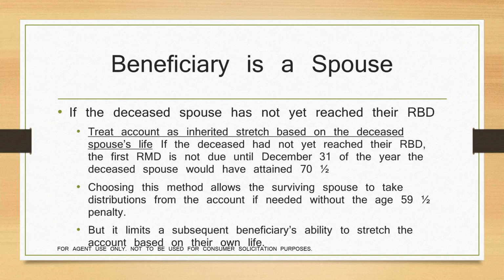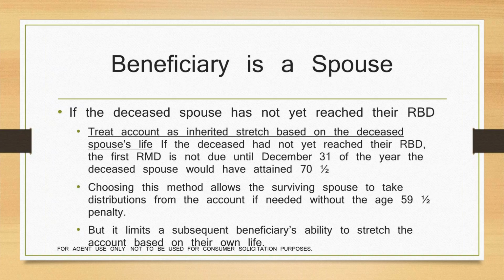If the account is treated as inherited, not as spousal continuation, RMDs can be delayed until the year the deceased spouse would have turned 70.5. The other thing is that if inherited account is chosen, any distributions for the beneficiary spouse are exempt from the 10% penalty tax, even if the surviving spouse is younger than age 59.5.